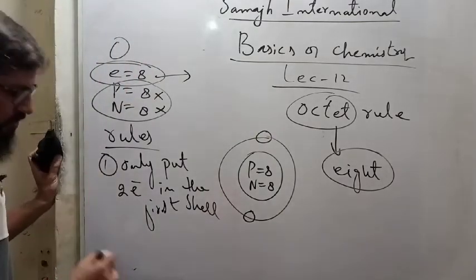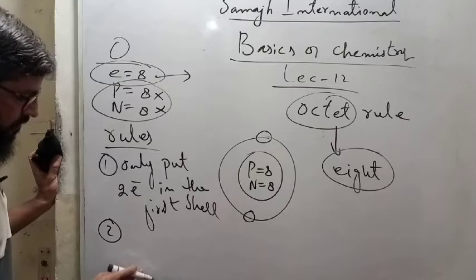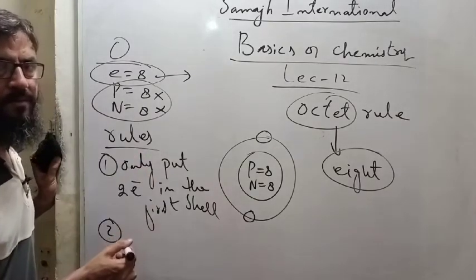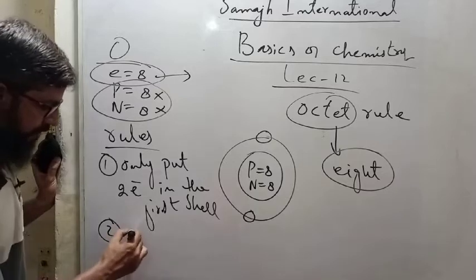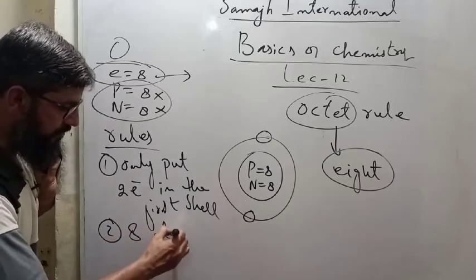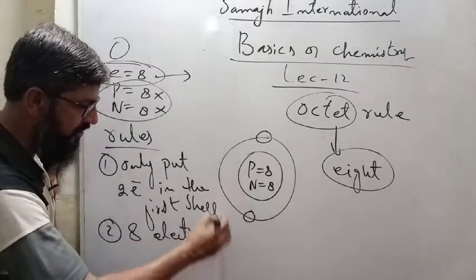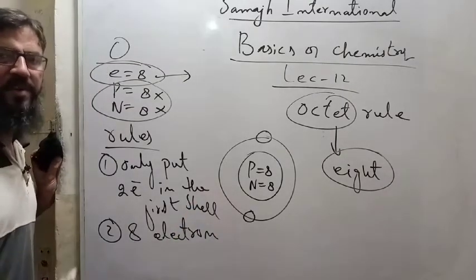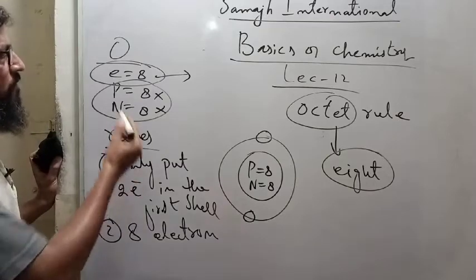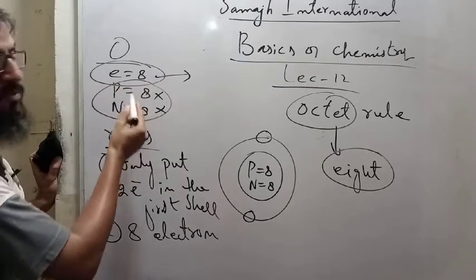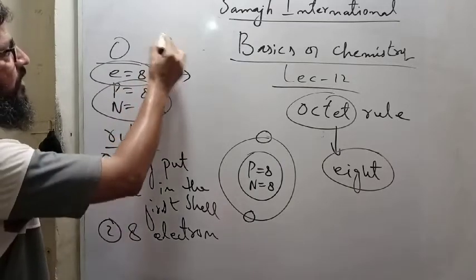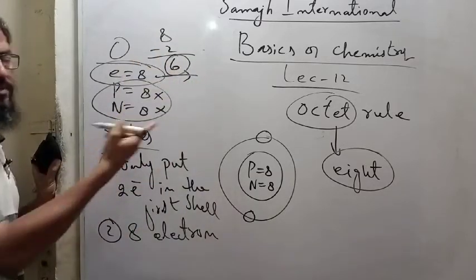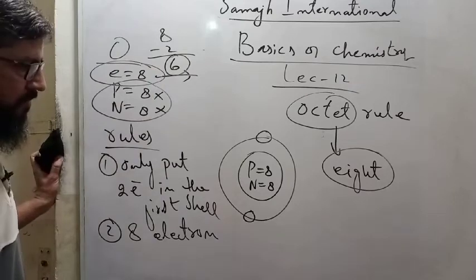And the second rule is, other than the first shell you can place 8 electrons, but if you don't have 8 electrons, it doesn't matter how many you have. Total electrons you had were 8, 8 minus 2, 6 electrons are remaining. You are to place these 6 electrons in the next shell.